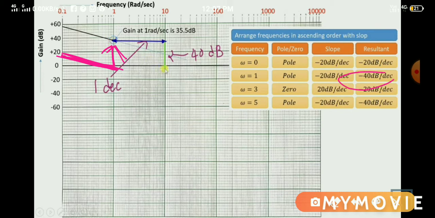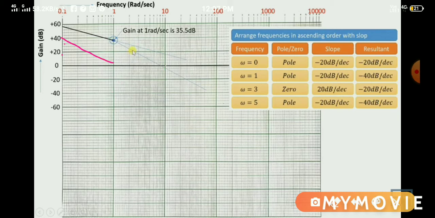Right. Now keep the scale at minus 40 decibel per decade, right. For omega equals 1 we have minus 40, so keep the scale at minus 40. Then again draw a parallel line till this point.